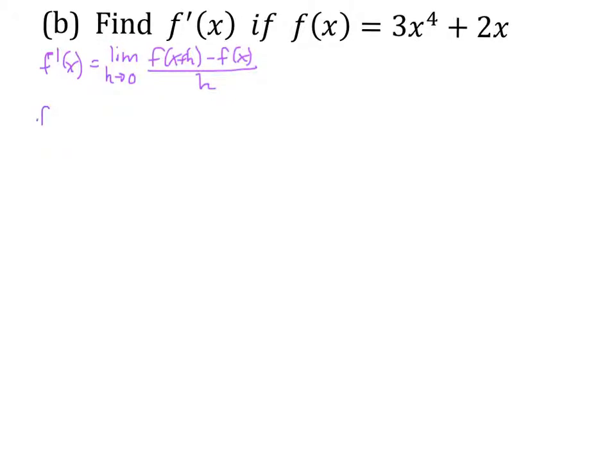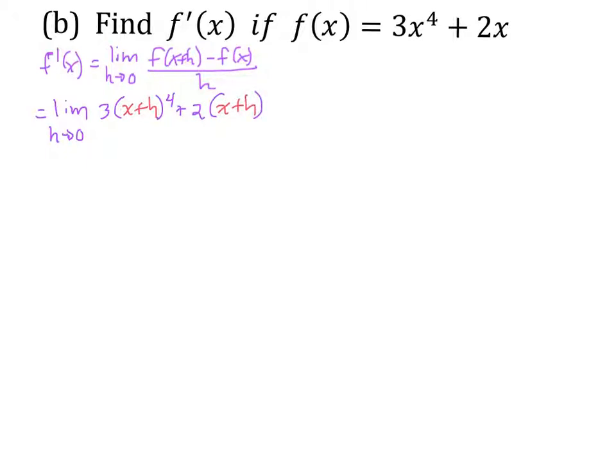So equals the limit as h approaches 0 of 3 parentheses x plus h, in parentheses, we're raising that to the 4th power, plus 2 parentheses x plus h, in parentheses.